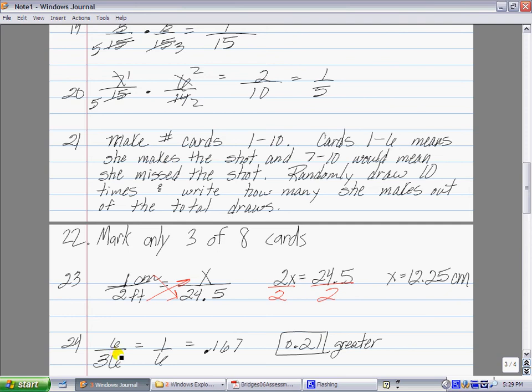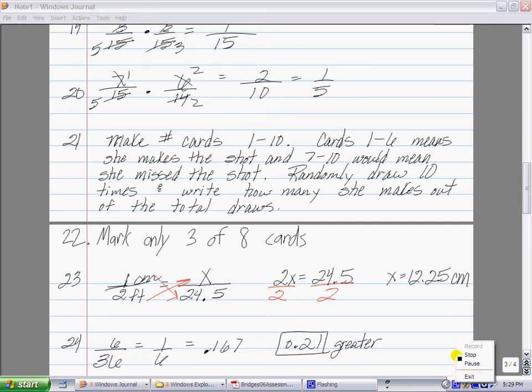The way I calculate that, I simply take the chance that you roll numbers that are the same, which is 1 out of 6, and I change that into a decimal. It's going to be 0.167.